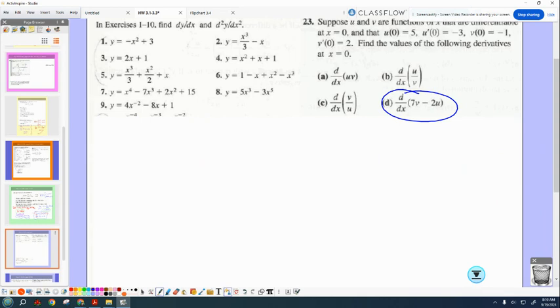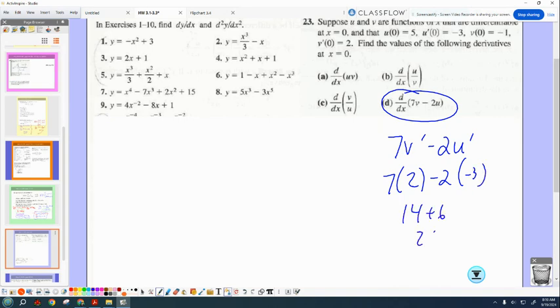All right, don't do that, don't create a function that has this derivative at that point, because that's, first of all, too much work and too much time, and can introduce questions and problems. 7 times the derivative of v minus 2 times the derivative of u. Derivative of v is 2. Derivative of u is -3. Much faster. Don't create equations, because it might not be true.